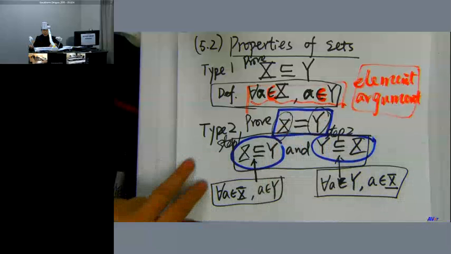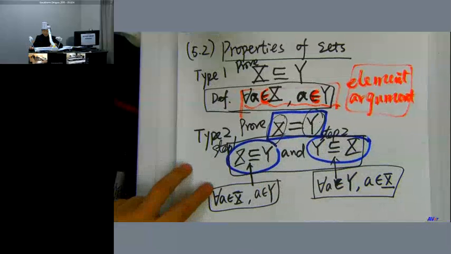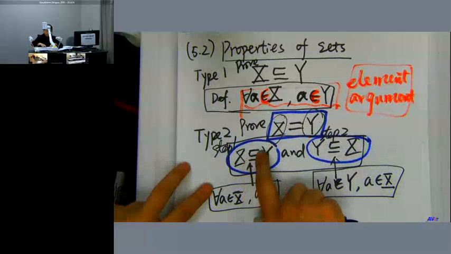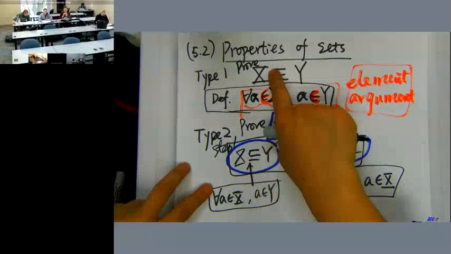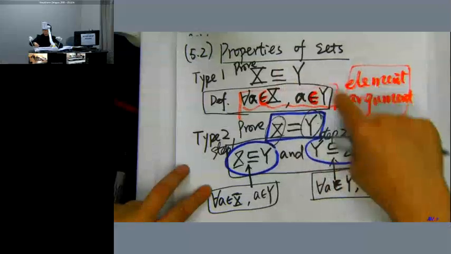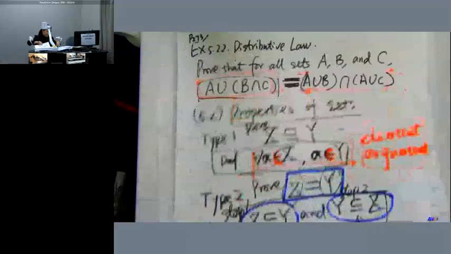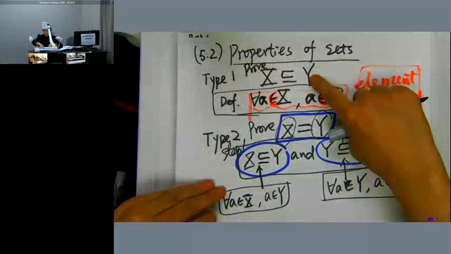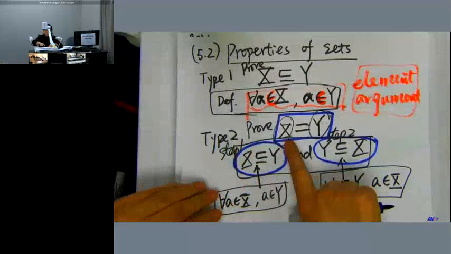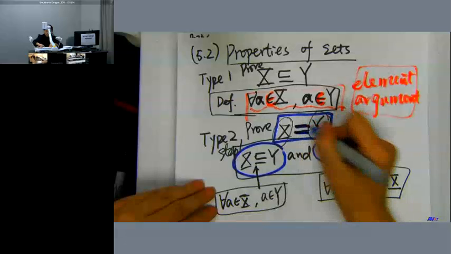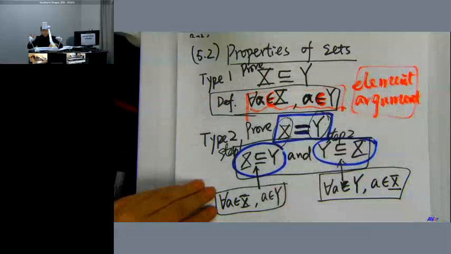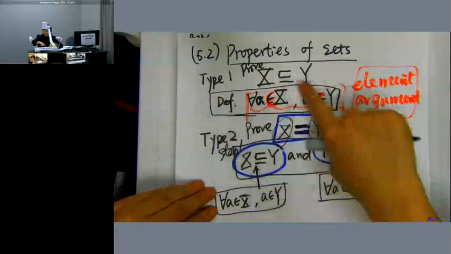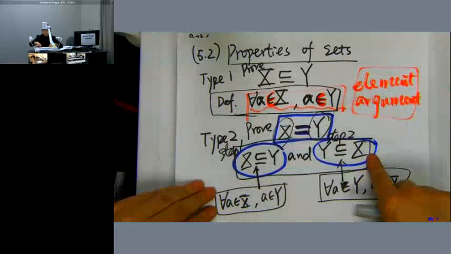I did explain that last time. How do you prove X is a subset of Y? Type 1, which we went over, that format that I gave you. How do you prove Y is a subset of X? Type 1 again. So when you do a type 2 question, when you prove two sets are equal, you are doing type 1 two times. If you know how to do type 1, you should be able to do type 2 because it's exactly the same thing.